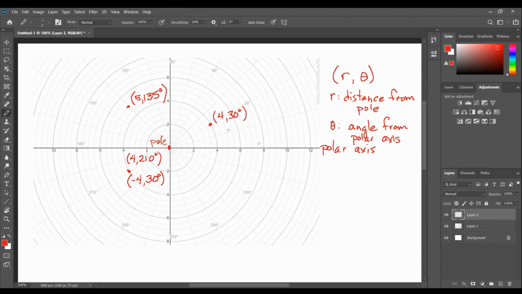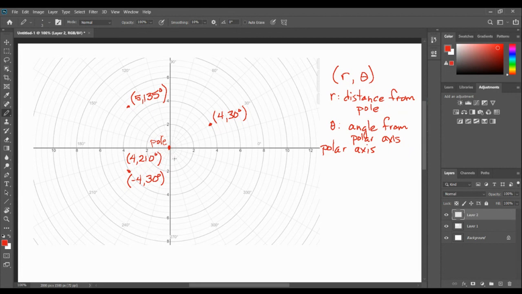So thinking about this -4 at 30, we rotated through 30 degrees and we moved a distance of -4 from the pole. So rather than moving along the 30-degree angle a distance of 4, we move along that same angle but a negative distance. So there are multiple ways to denote these points. Either a positive distance, which means you're moving actually along the angle that's written, or a negative distance, which means you move the other direction from the pole that same distance.